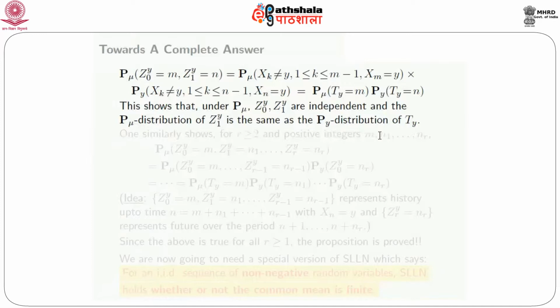But moreover, the two factors in the product also identify the P_mu distribution of Z_0^y and the P_mu distribution of Z_1^y. Most notably, the P_mu distribution of Z_1^y turns out to be the same as the P_y distribution of T_y. That comes from the second factor.